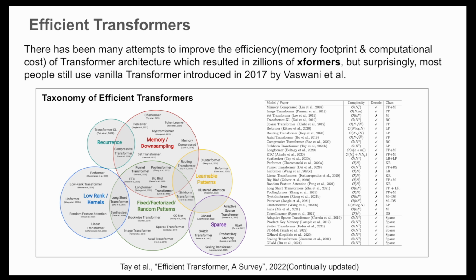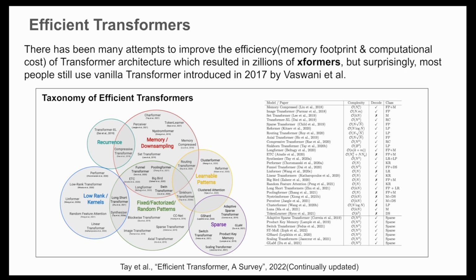People call them efficient transformers, but they don't work well, especially when you evaluate them the way you evaluated the original transformer. These new X-formers might work well in one particular task, but they can't generalize to other tasks.